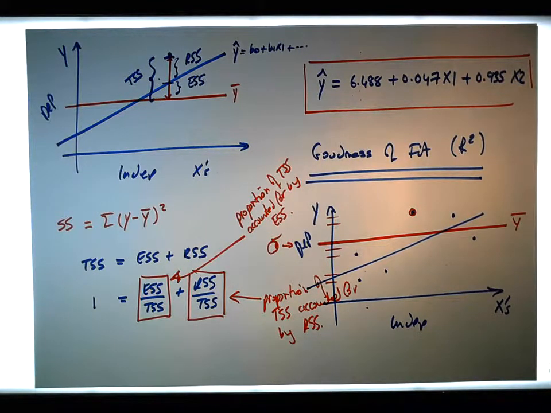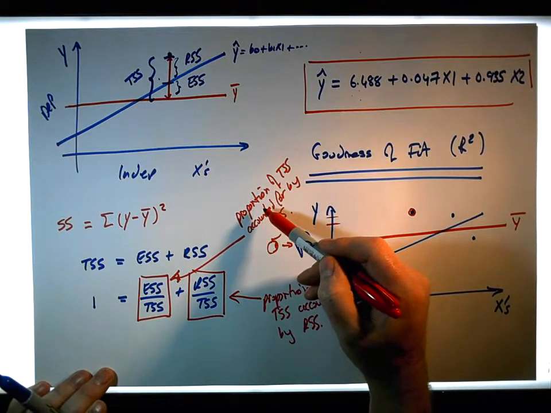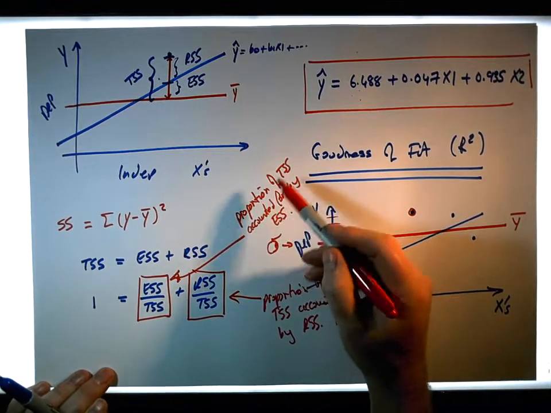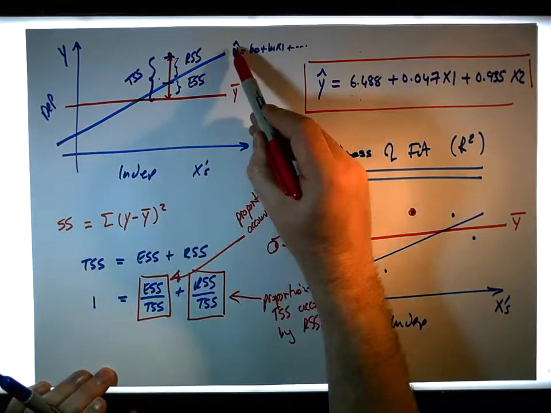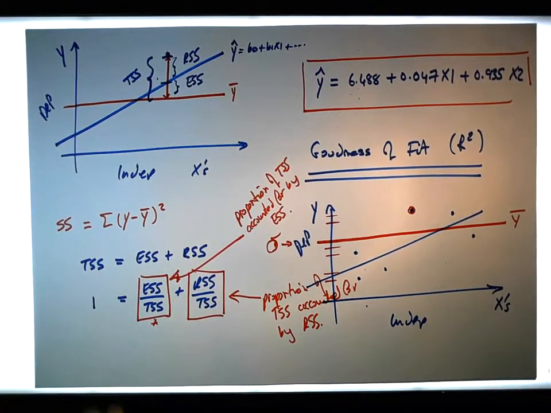So if we want to figure out a goodness of fit, if we want to know how well the model actually fits the data set, we're really interested in this thing here, and we can calculate it.